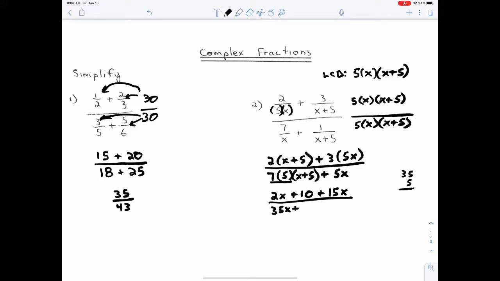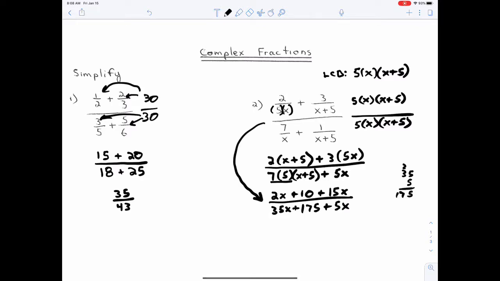It's good if you can, but 5 times 5 is 25, and then 15 times 5 is 75, so 175, and then plus 5x. So you actually could have gone straight from this to that if you want to. You should be able to do that. It's not that big of a deal if you add this extra step right here, though.